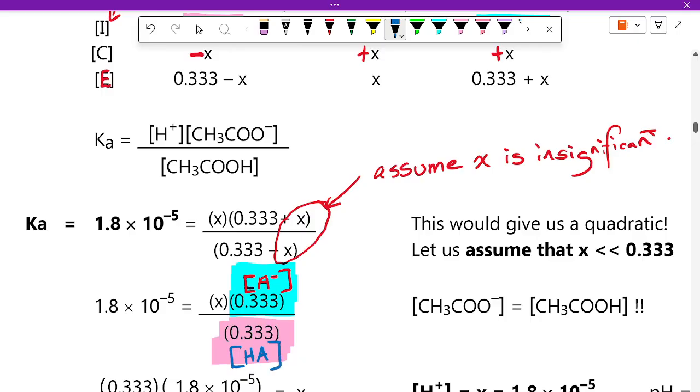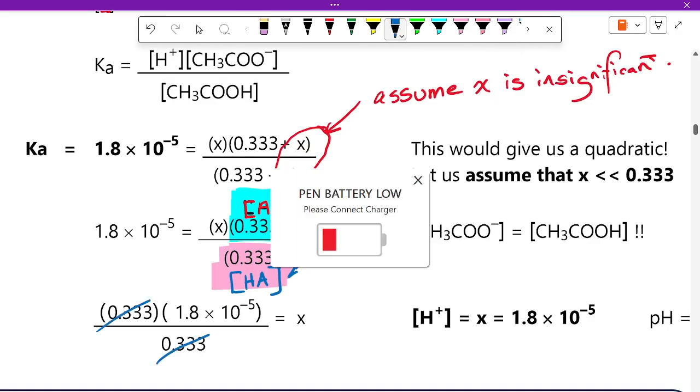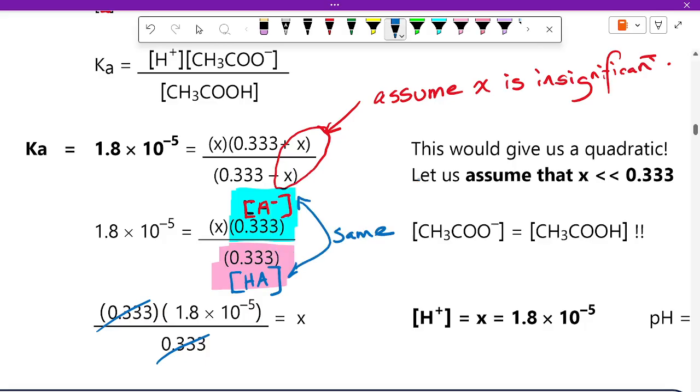And they are the same. Because even though we went up and down by X, it's not enough to make a difference to the concentrations, so they are just the same. So, if they are the same, what happens to them? They cancel out, and you're left with X is equal to 1.8 times 10 to the minus 5.